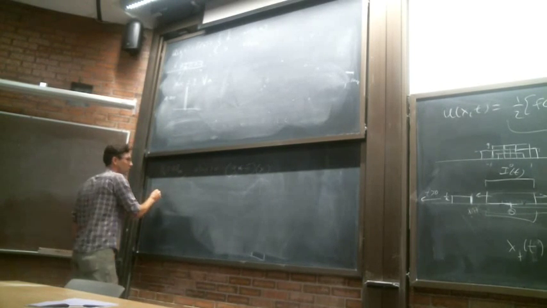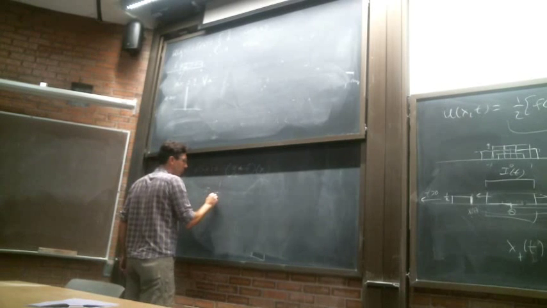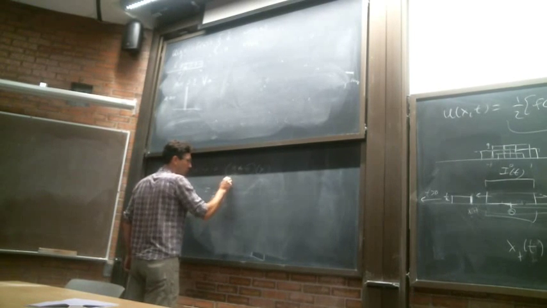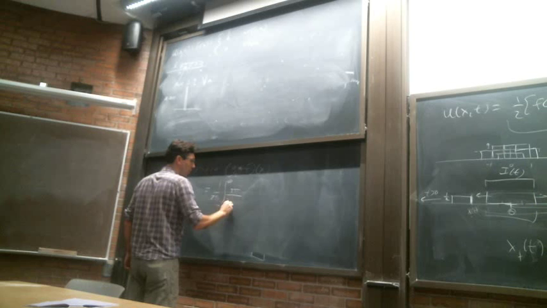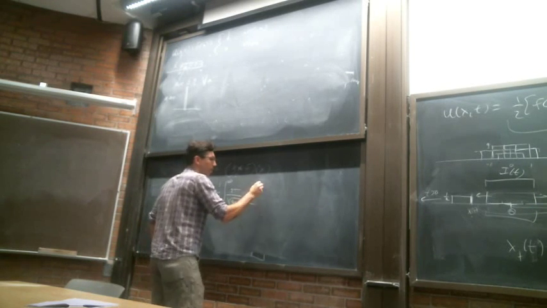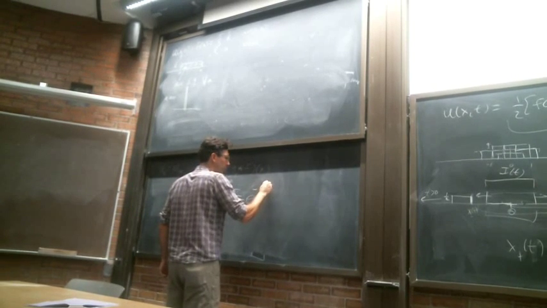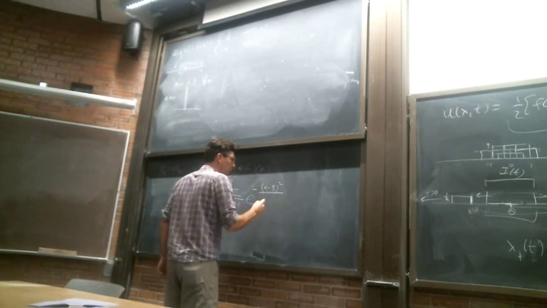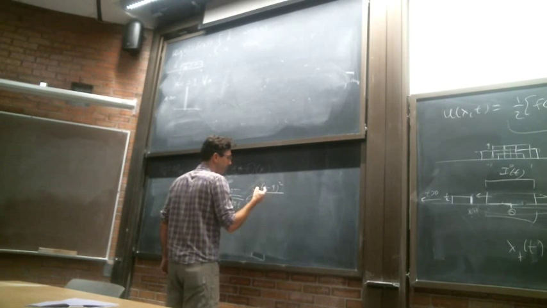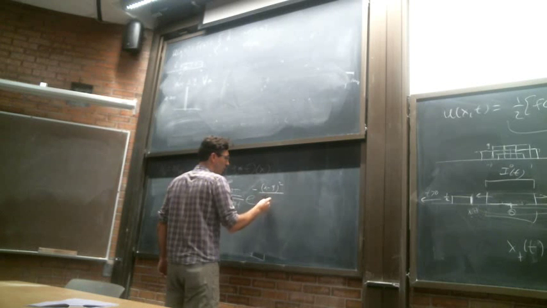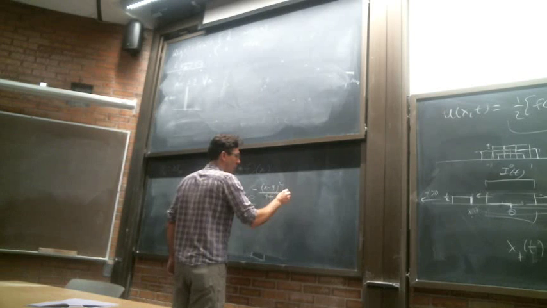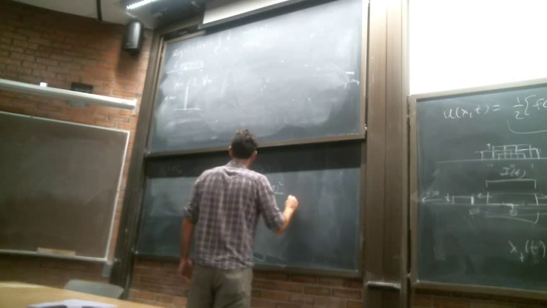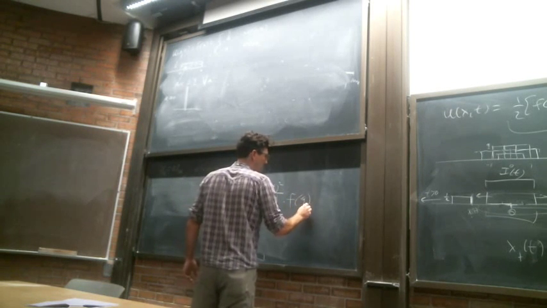So what's the heat kernel? It's going to be 1 over 2 pi, and then 4KT.